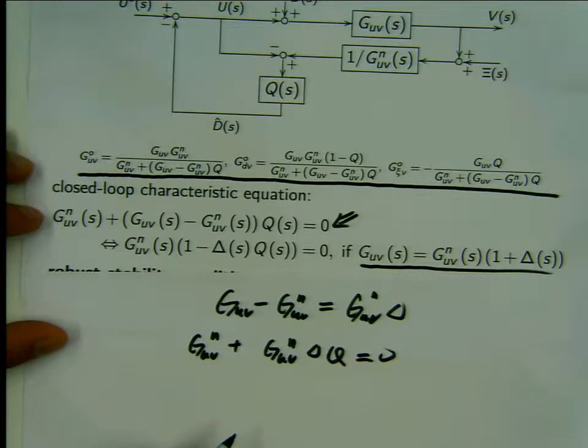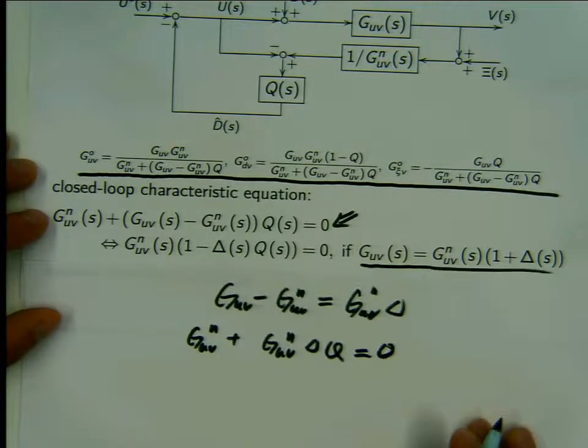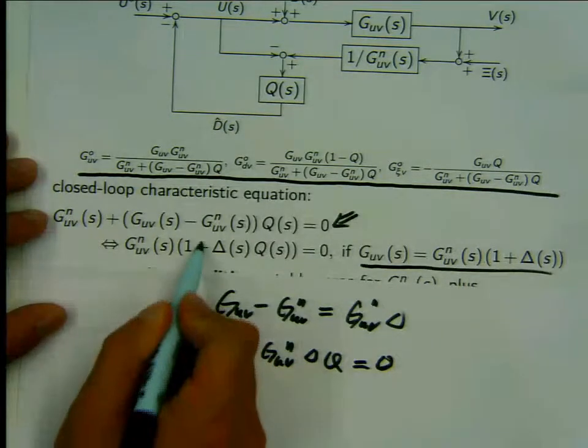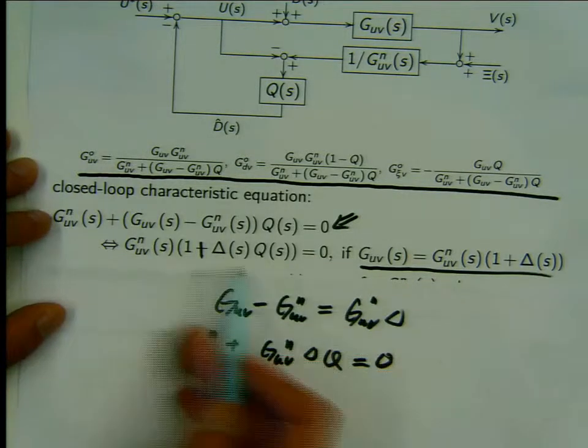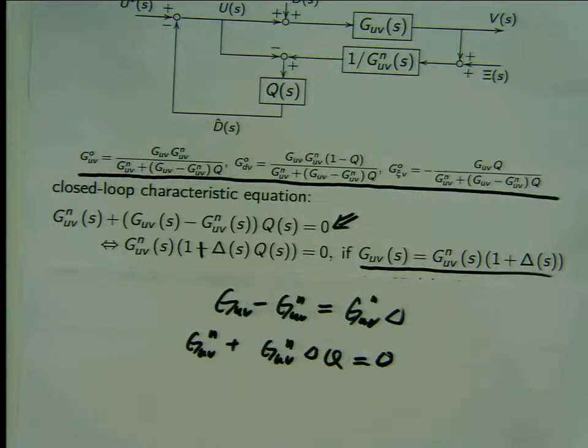Yeah, looks like this is typo free. That means I have a typo in the notes. So the characteristic equation becomes this guy. Any questions for this part?